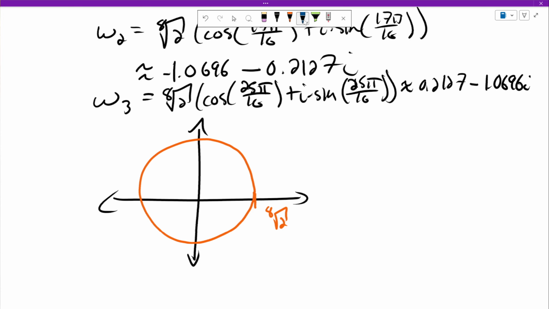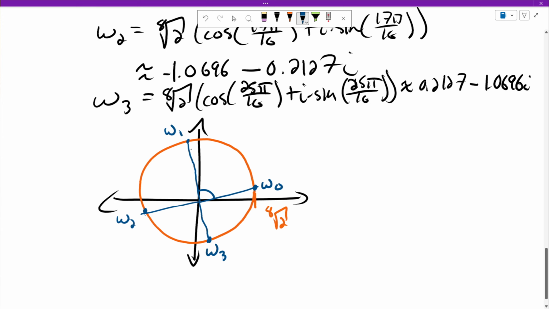And if we were to plot our points on the circle, our w0 is going to be here, our w1 is going to be here, our w2 is going to be here, and our w3 is going to be here. And let's just notice something. They're all equally spaced apart. And what's the angle that they make?